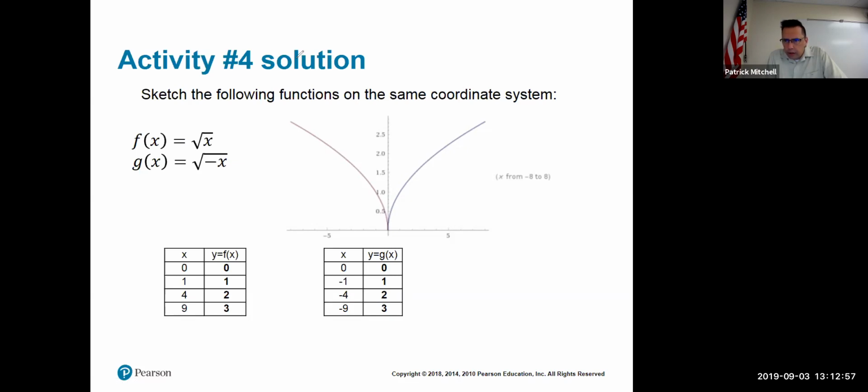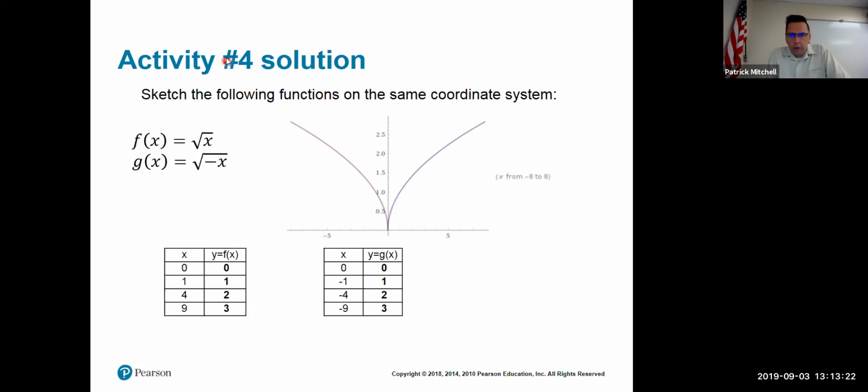But this over here is the graph of the square root of x, f of x equals the square root of x. And then over here on the left side is g of x equals the square root of opposite x. Okay. So that's an example of a reflection across the y-axis. So a sideways reflection as opposed to an upside down reflection like we had in the last example.